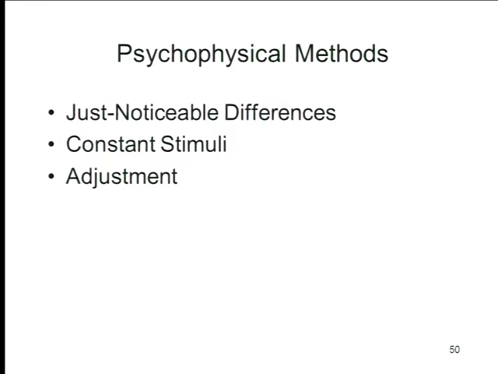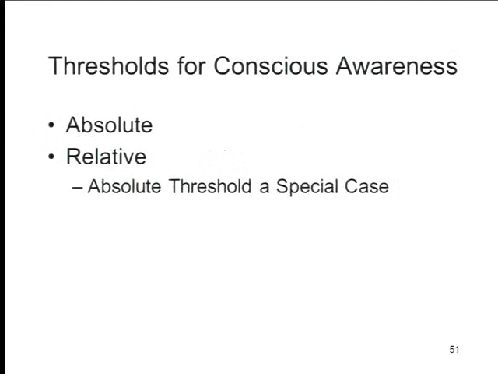They're all the same basic idea here, and they're all after the basic kind of problem, which is the problem of thresholds for conscious awareness. Either an absolute threshold or a relative threshold. The absolute threshold meaning the minimum amount of energy that gives rise to a detectable stimulus.